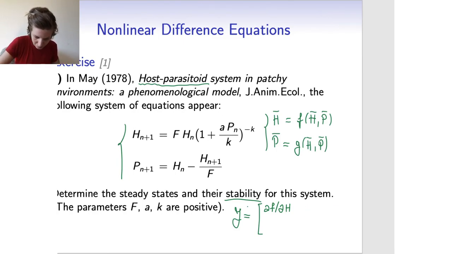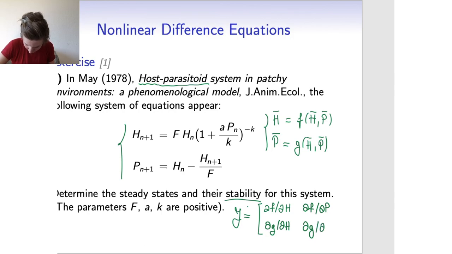So del F del P and then del G del H, del G del P, and then you evaluate it at each of the steady states.